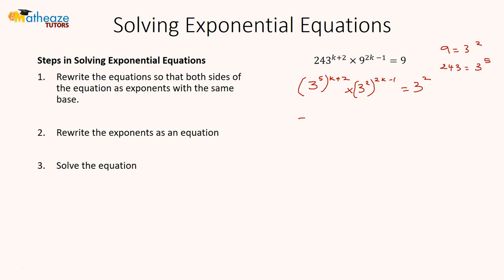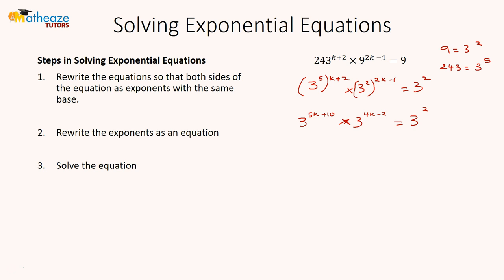So we have 3 to the power of 5k plus 10 multiplied by 3 to the power of 4k minus 2 is equal to 3 to the power of 2. Now the next thing we're going to do is apply the product rule.